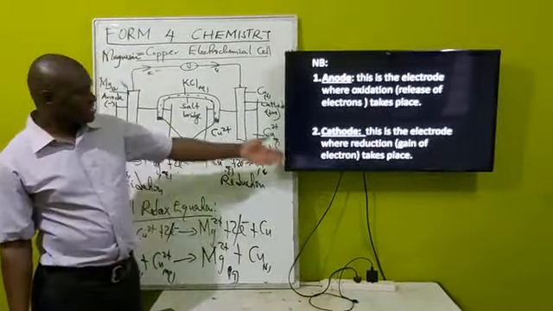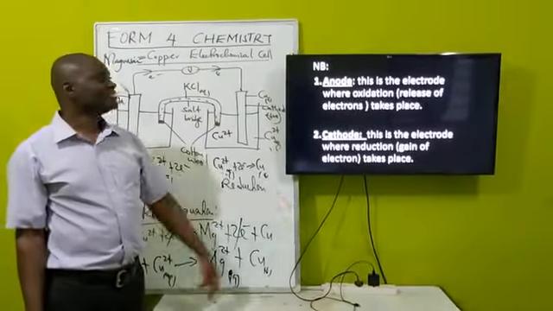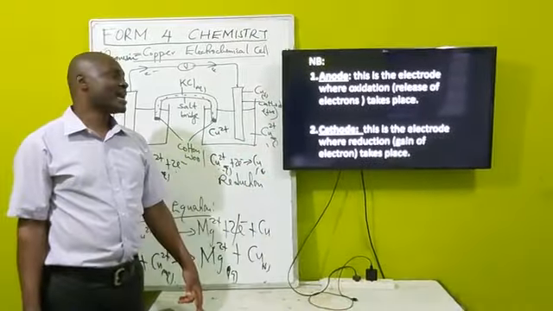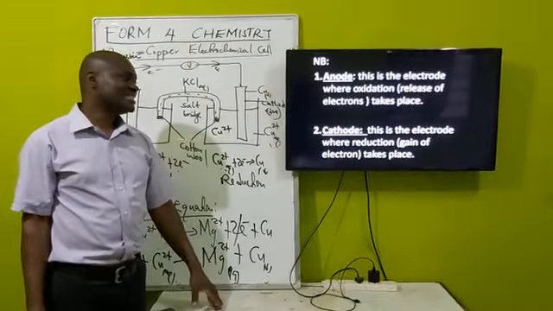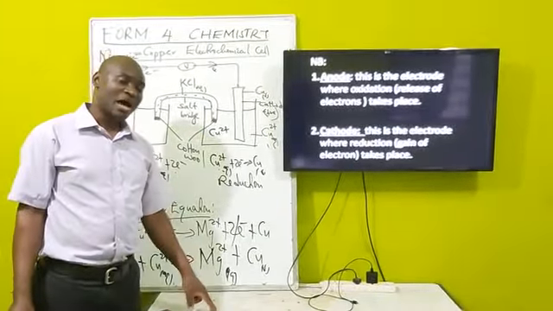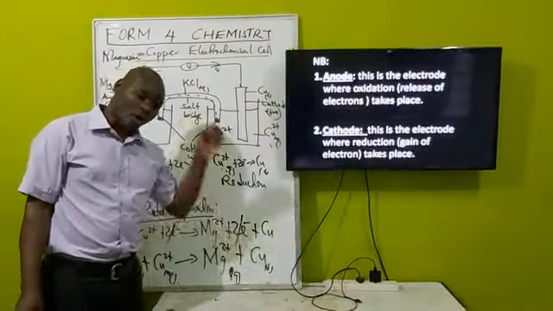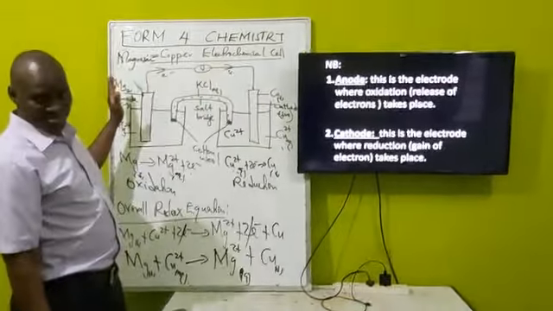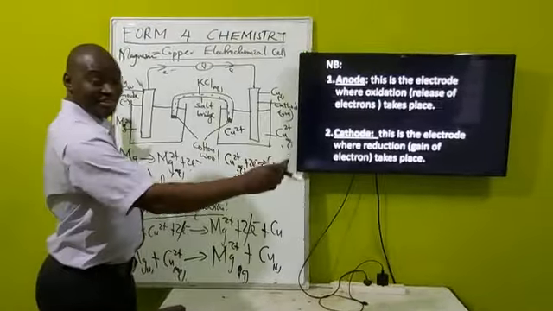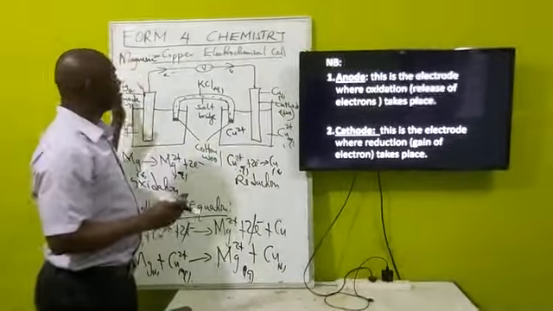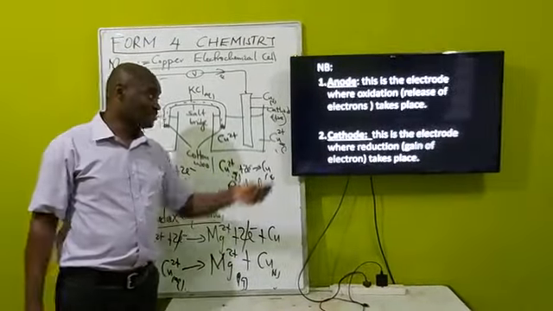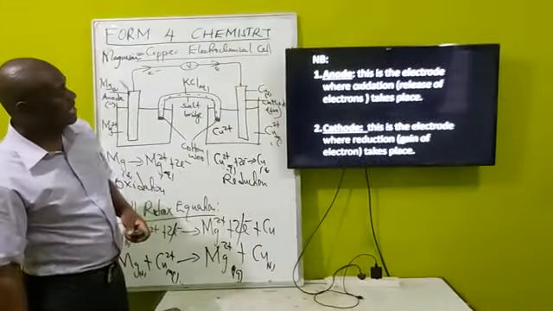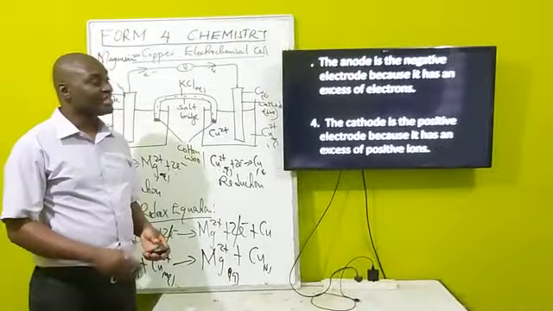And then the cathode is the electrode where reduction or gain of electrons takes place. Now, it is advisable always to draw the anode on the left and the cathode on the right hand side, so that electrons flow from the anode to the cathode. Those two points are very important.